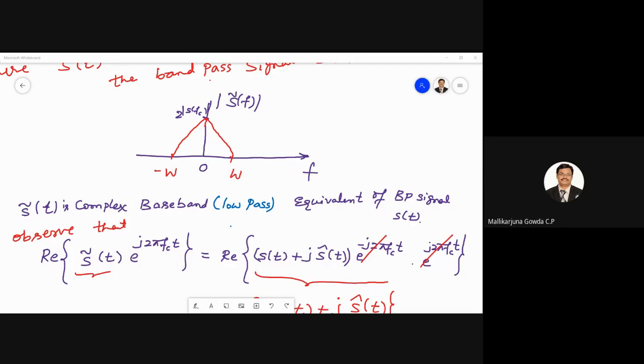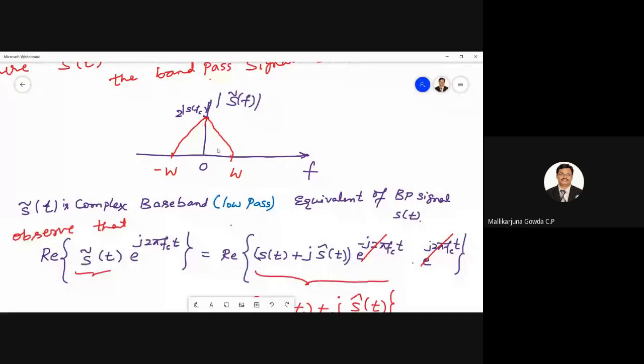Keeping that in mind, what I wanted to stress upon here is that the information content of the modulated signal is fully preserved in the complex envelope.